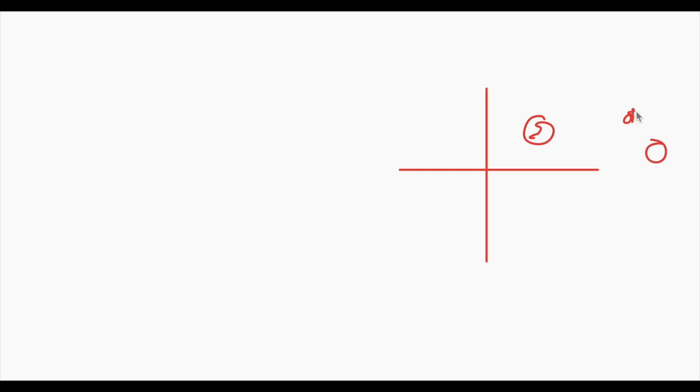Now the justification for this is, when the object is placed in the first quadrant, this is the observer, this is the object, and this is the plane on which the object is being projected.